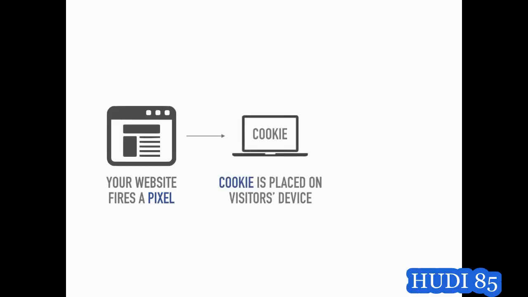Then a cookie is placed on the visitor's device, whether it be desktop, mobile, or tablet. Now, that data goes to the audience lists on Facebook, Google, and all the advertising platforms you use. And based on these lists, you can directly target these users with hyper-relevant information about their behaviors and traits.